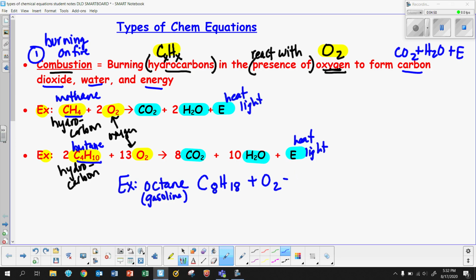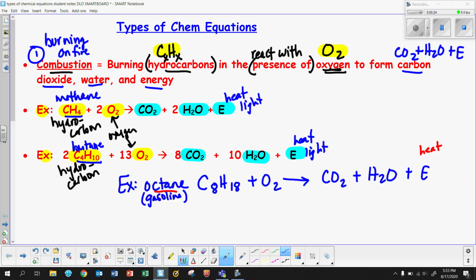And coming out of the exhaust in your car is carbon dioxide and water and heat. Now, in this combustion, we don't have light. When you're burning gasoline in your car, you don't see light, but you do have heat. If you think about the hood of your car as your engine is working, it feels hot because that's the heat being released as part of the burning of the octane.